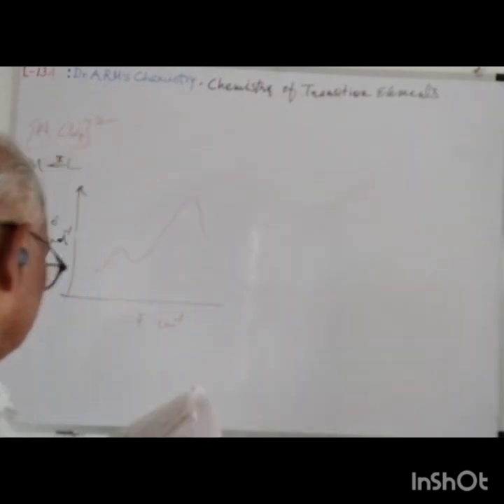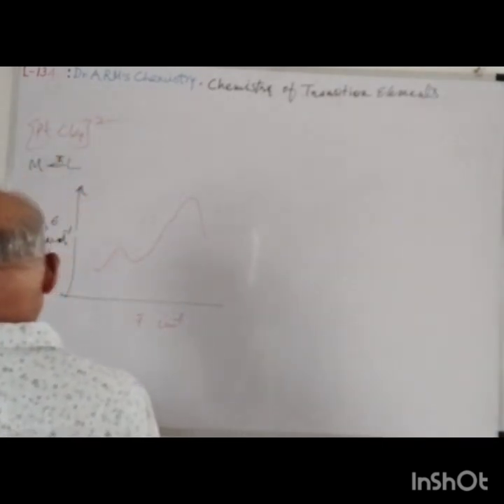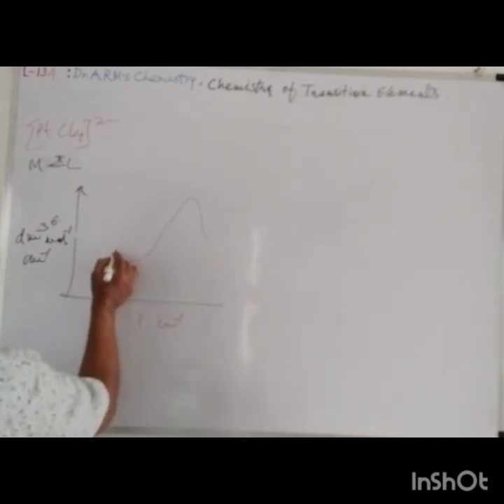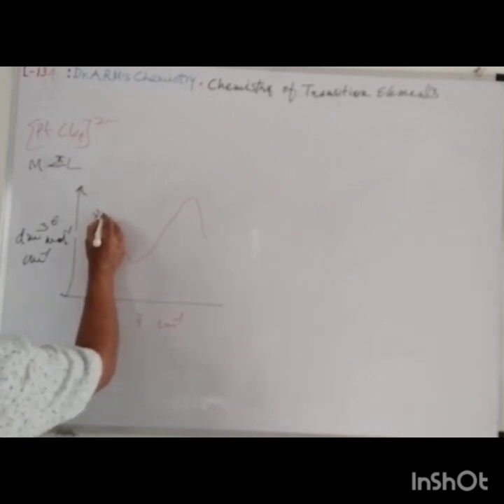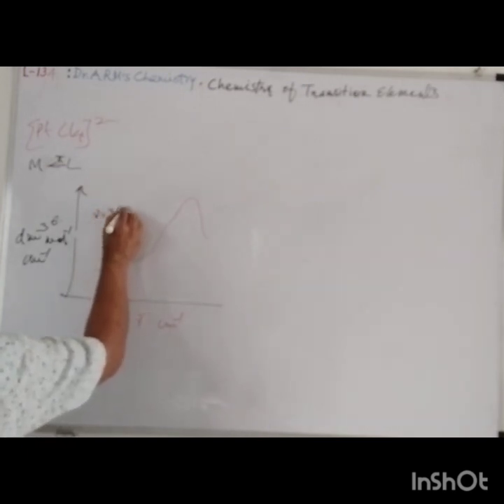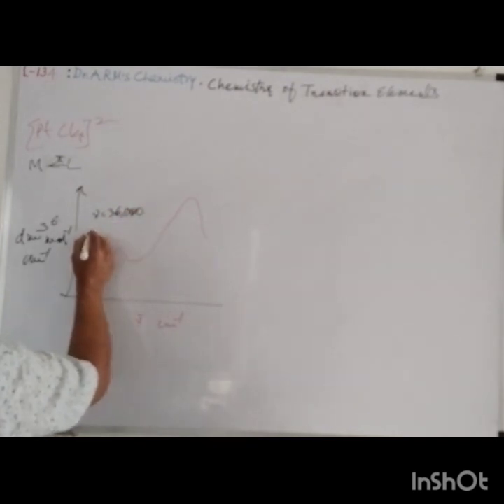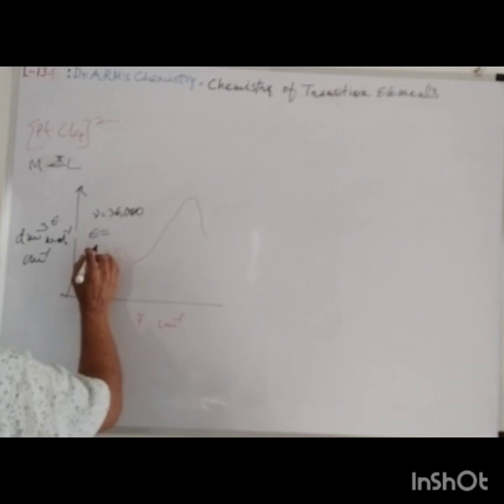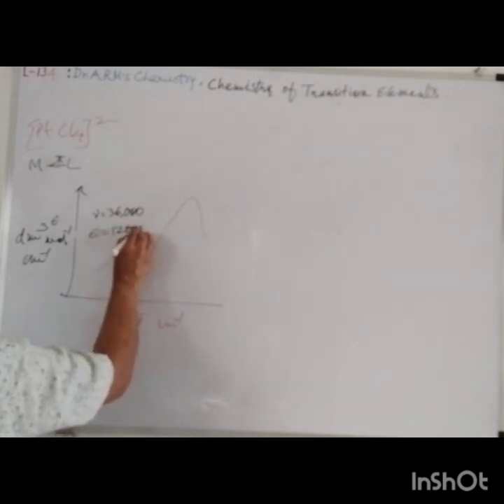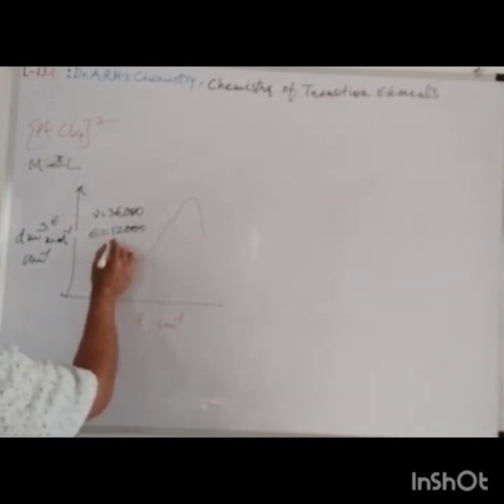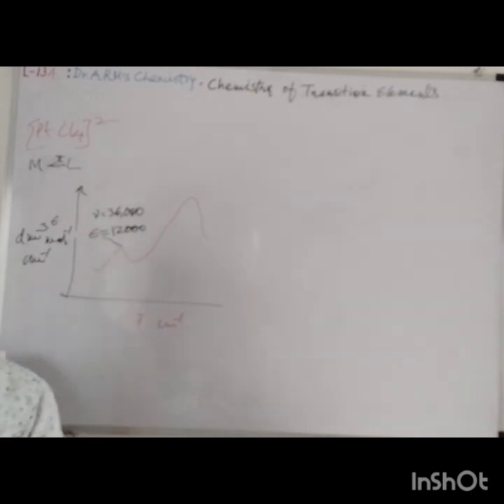This will show two absorption bands, the first having frequency 36,000 per centimeter and molar absorptivity epsilon 12,000.